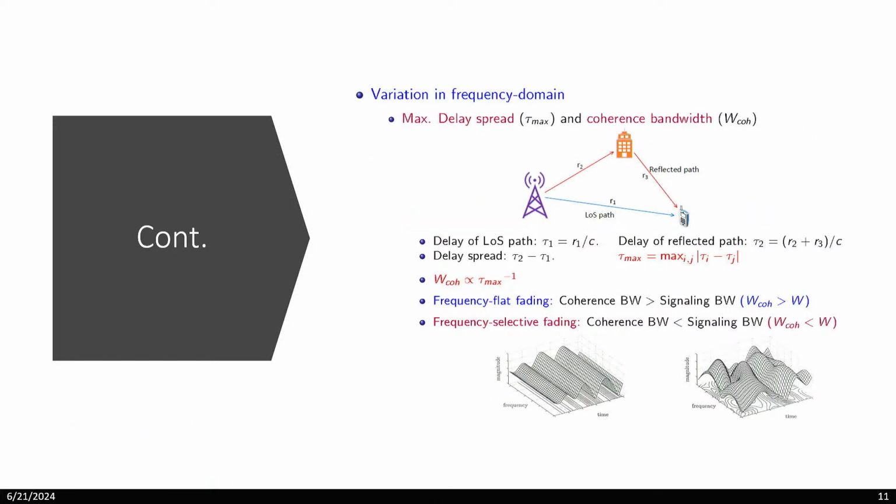This is some mathematics showing the variation in the frequency domain. You can see the graph in the frequency domain is fluctuating, but in the time domain it is flat, so only frequency fading is there. Next, please.